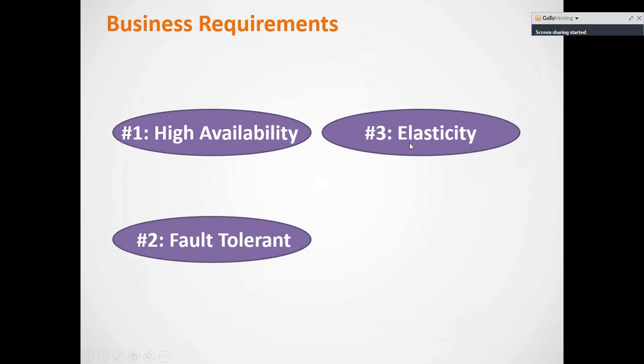Then elasticity. What do you mean by elasticity? Generally when you say elasticity, you can expand, right? When you have a rubber, what is the characteristic of a rubber? It has elasticity in nature, which means if you try to pull it, you can easily stretch it. How is it compared to the infrastructure?